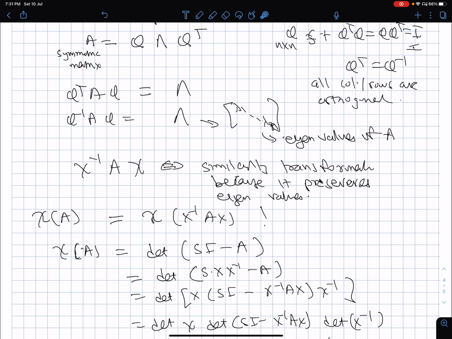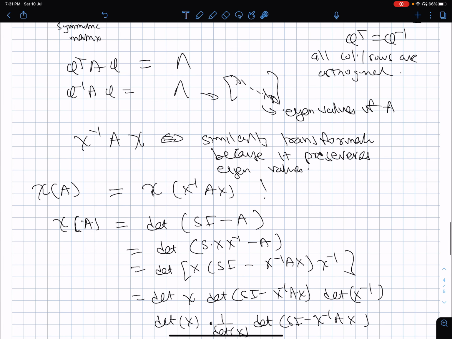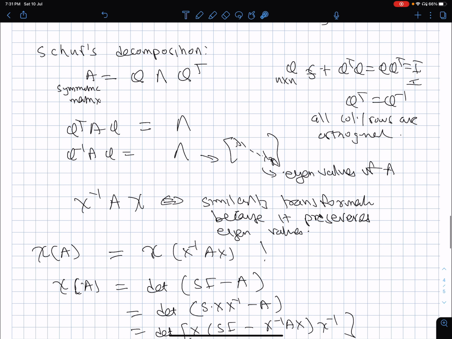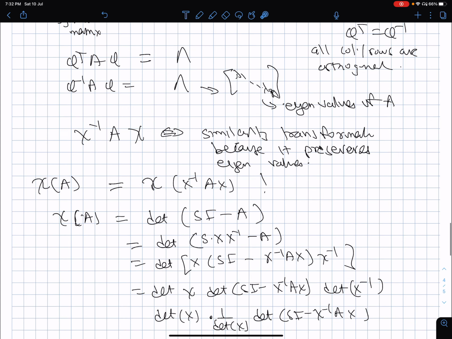The point we are making is that when the similarity transformation makes the matrix diagonal, so it diagonalizes the matrix, then such a transformation has been shown to exist for real symmetric matrices and is called Schur's decomposition.